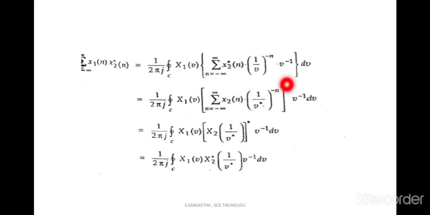Taking v to the power minus 1 outside, we get this equation. Next, in place of x1 of z we substitute, and here we substitute X2 of 1 by v dash into v dash v to the power minus 1. By solving this, we get Parseval's theorem.